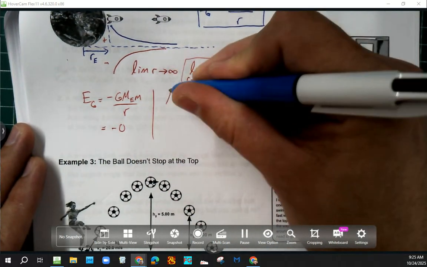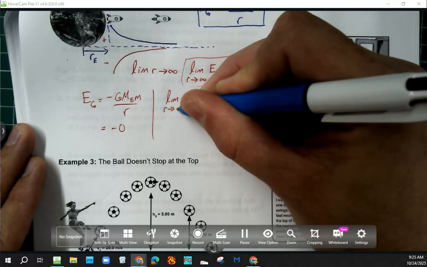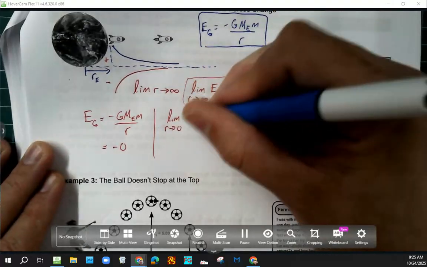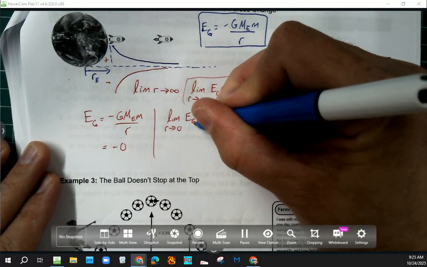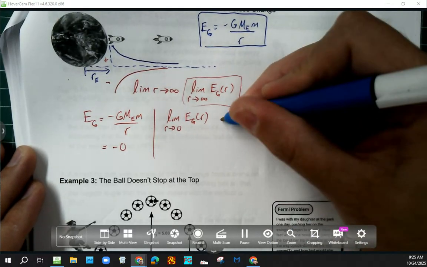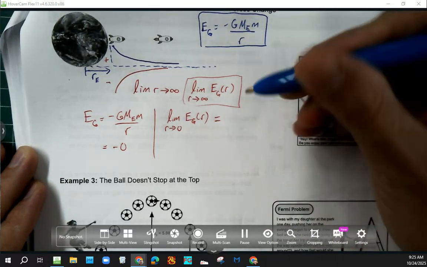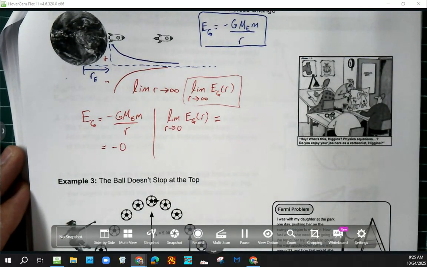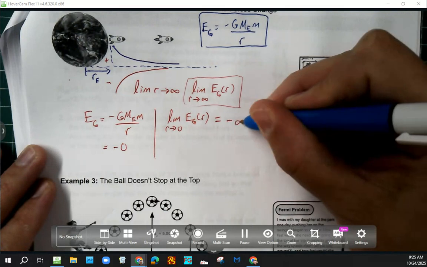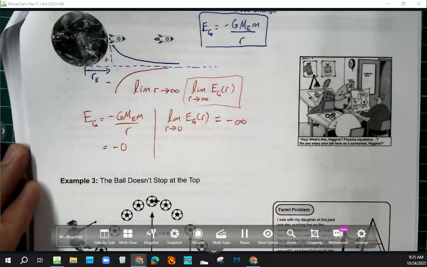And then in the limit where r goes to 0, that is when you're approaching the center of a planet, I guess, Eg of r equals what? If r becomes 0, what would the Eg value be? Yeah? Negative infinity. Now, do you ever get to the center of the planet? No. But the Eg value gets quite large in magnitude and negative.